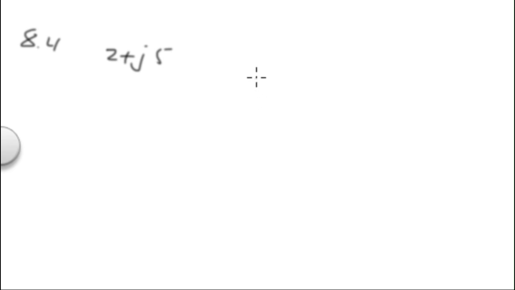Okay, so let's draw the vector. Here's the 2, and here's the 5. So it's like this. It's at an angle of about 60 degrees. Here's my 2 in the x direction, 5 in the y direction, and here's my final answer. Not very pretty, but that's the idea. Okay, so you can do the rest of those.